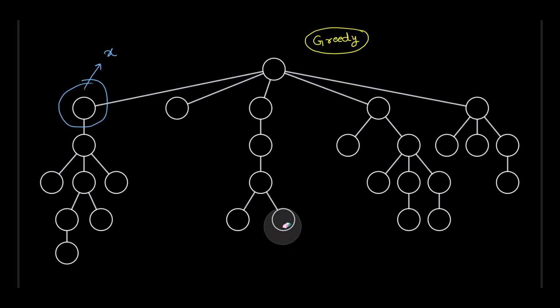So if you notice, this is the observation, and this is not trivial to see: if this is your node X that you want to turn green, then instead of focusing on all possible pivots in this subtree that could become pivots at any point of time, why don't we just focus on the last pivot?